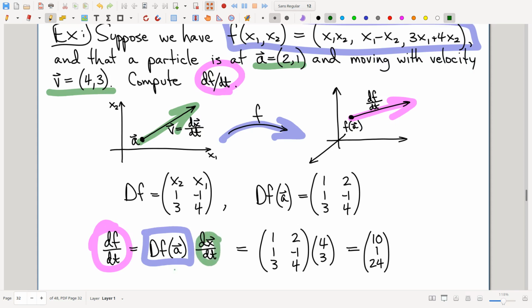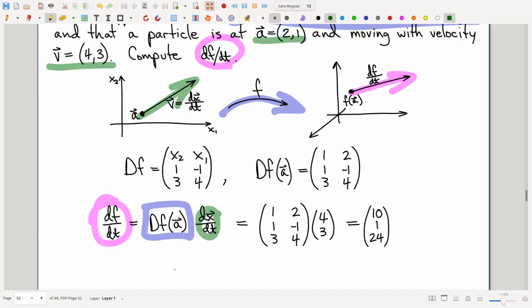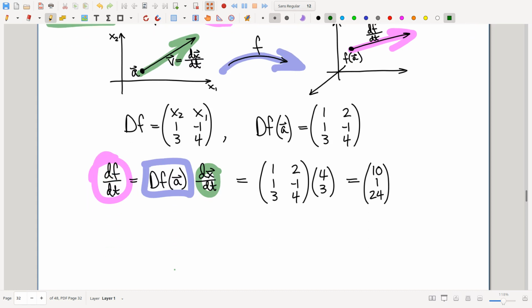You do have to find the DF matrix, so you take the appropriate partials, assemble the appropriate DF matrix, and evaluate at the point A where F is acting at the moment in question. All of that being done, it's just arithmetic to follow. Is that cool? Everybody happy with that?